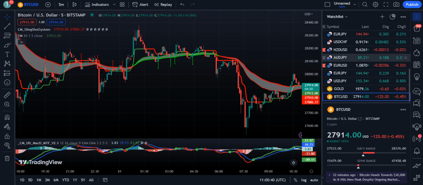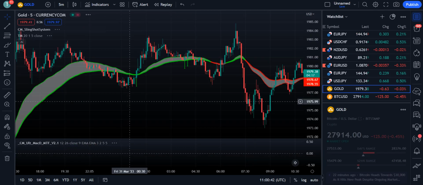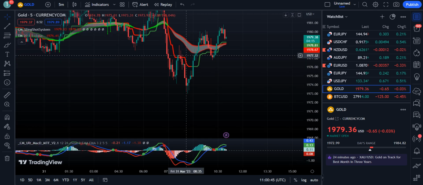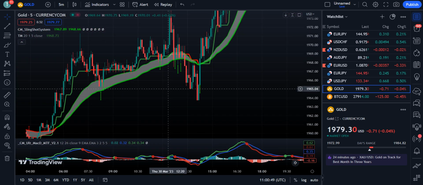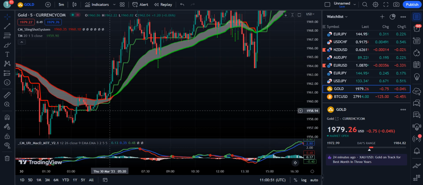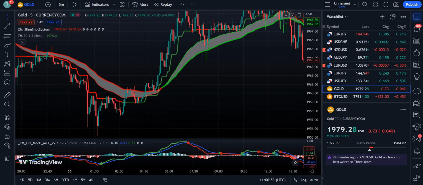These two sets of conditions we can see on any other chart. Let's suppose we go to the gold chart, I will tell you when to enter into the buy market. The first thing you have to see is that our Trend Magic indicator should give us the green color line, as you can see. The second thing is that our Sling Shot system should give us the green color arrows, and after that our market has to form green color candles here.